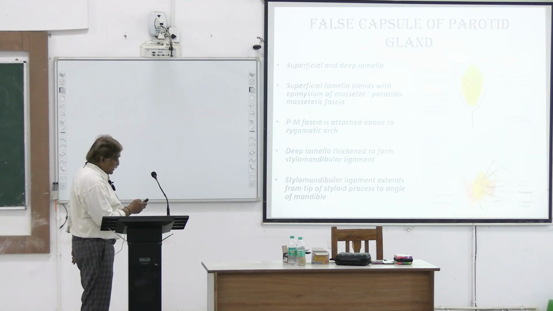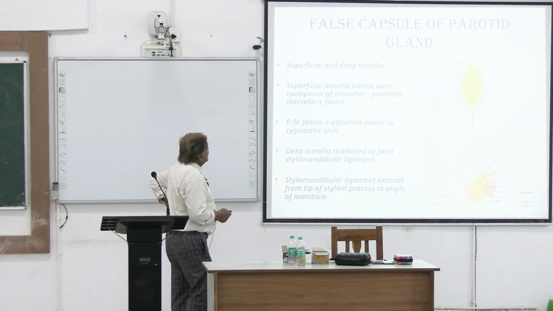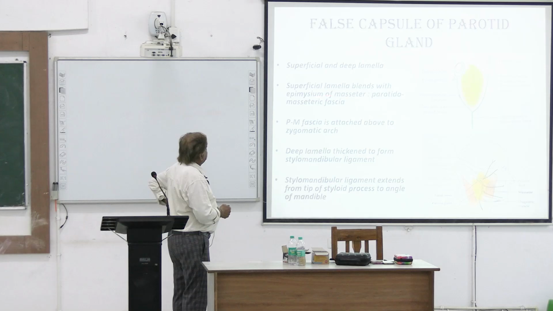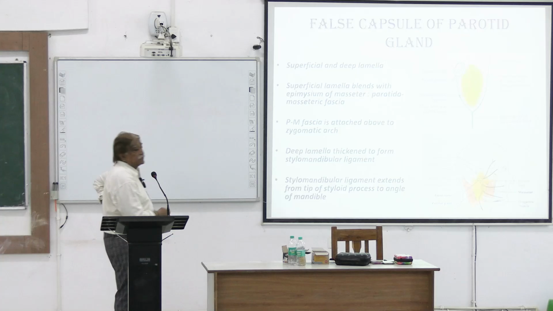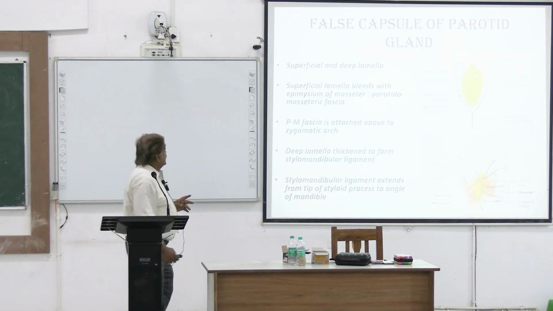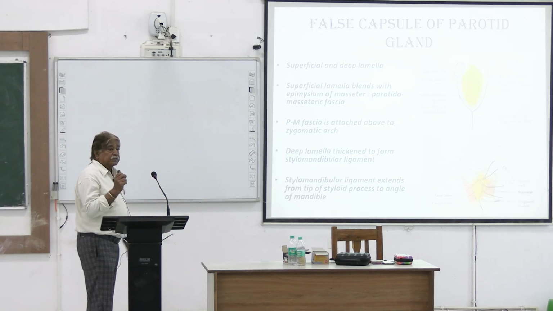False capsule of the parotid gland, superficial and deep lamella. The superficial lamella blends with the epimysium of the masseter, the parotidomasseteric fascia. That is the fascia covering the parotid, also the masseteric fascia, the epimysium of the masseter muscle.